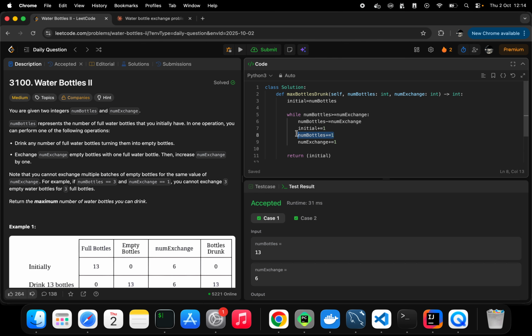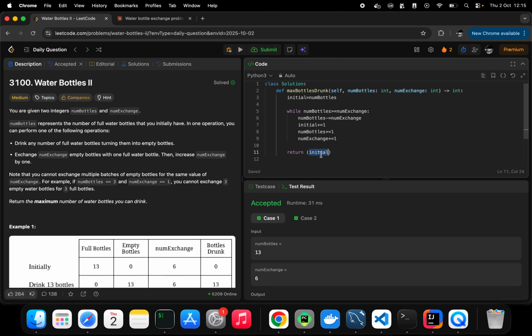Also numBottles gets increased by 1 because whenever we exchange some bottles, the number of bottles keeps on increasing by 1. Later on we are increasing the exchange value also by 1, and finally we are returning the initial value.